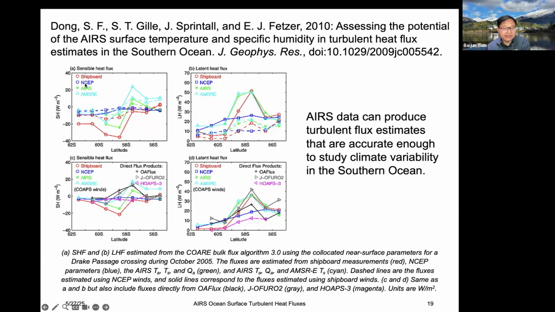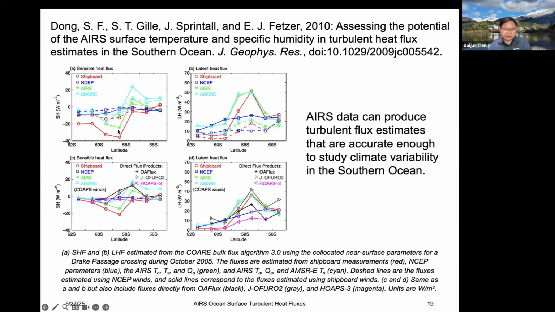Blue is from reanalysis. The green one is from the AIRS, and this light blue from MERRA. This is for sensible flux, and this for latent flux, from the satellite data products together.